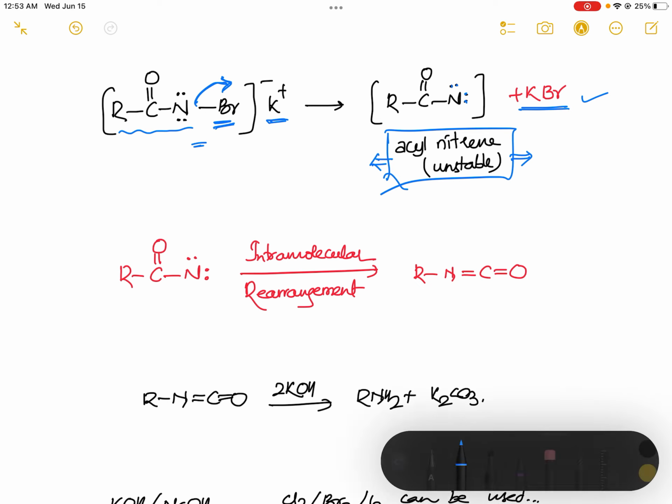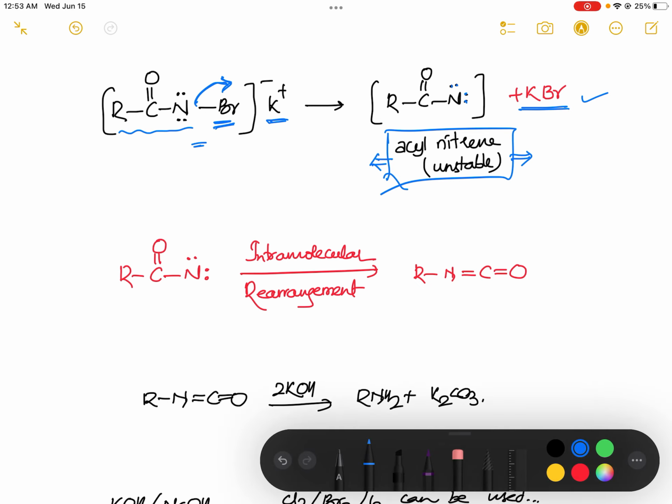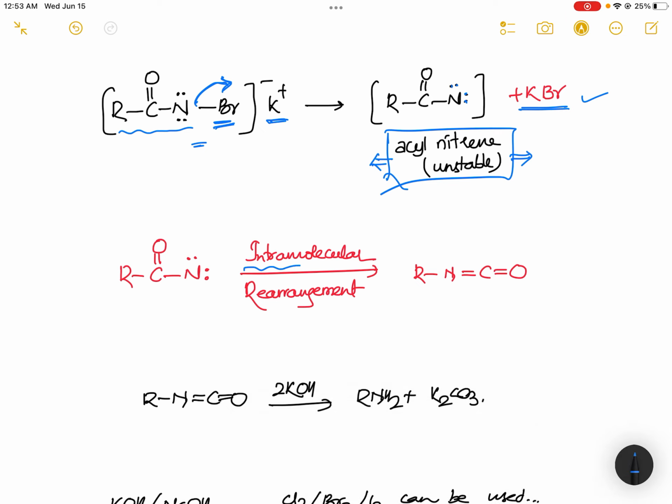This acyl nitrene, once it is formed, will react with itself, that is called intramolecular rearrangement. Intramolecular rearrangement is very, very special. This electron pair is coming as a bond and this alkyl group is attached here. R group with electrons, the alkyl group is moving here to nitrogen. Nitrogen's lone pair of electrons are coming here.